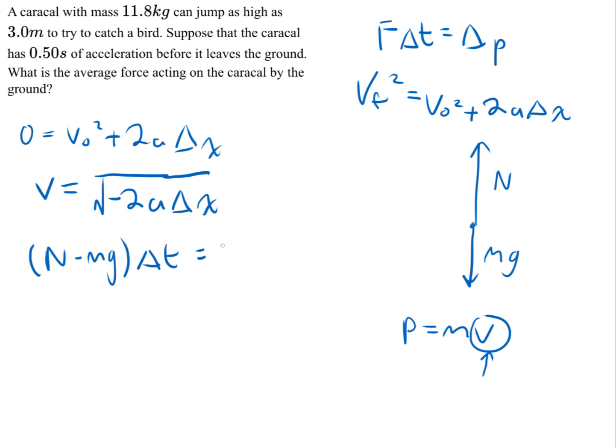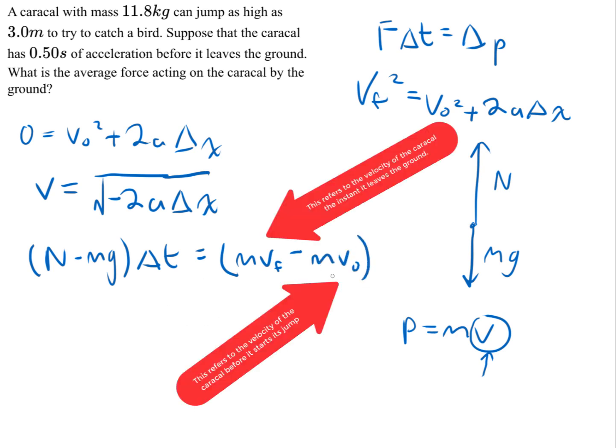So that's going to be the final momentum minus the initial momentum. And the initial momentum is 0, since it has no velocity when it's on the ground. It starts from rest.